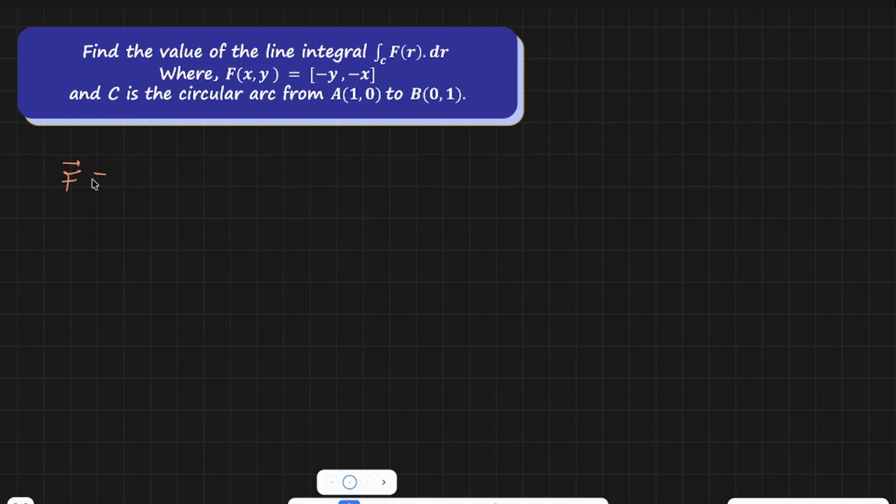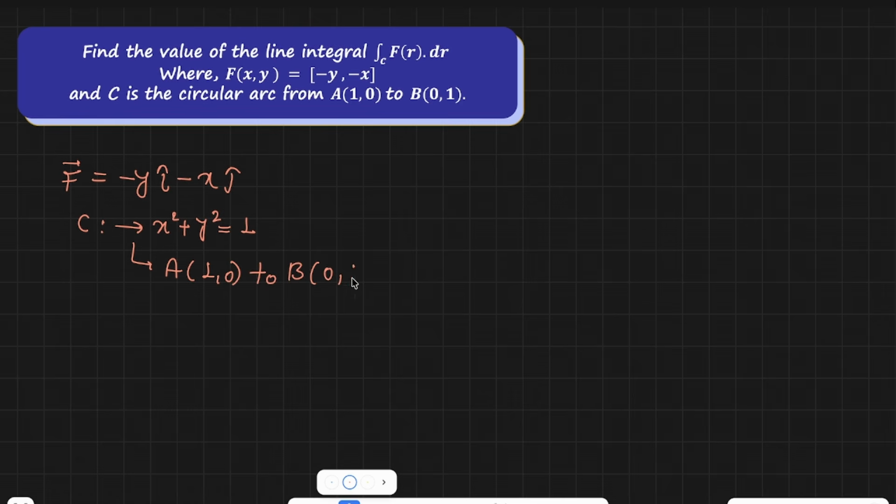It is minus y i cap minus x j cap. It is given, meaning the coefficient of i and the coefficient of j. C is the circular arc. If it is a circular arc, it means x square plus y square is equal to 1. But the thing is that the circular arc is from A (1, 0) to B (0, 1).